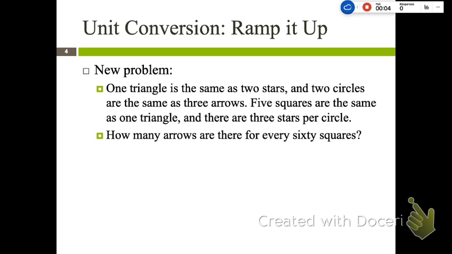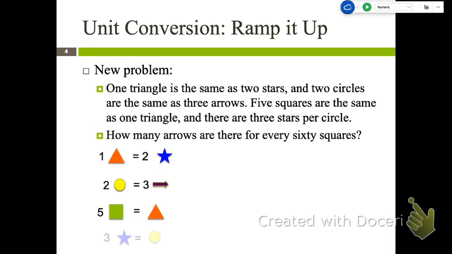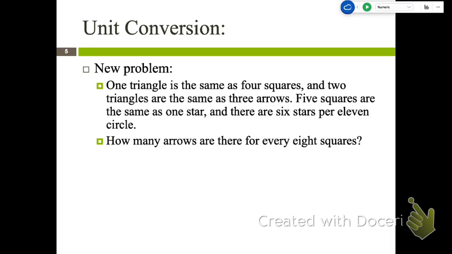I think this is in, wait. I lied. This is the same problem, right? This is the same problem. So here is a brand new problem. Remember, once you finish or get an answer, please submit that via the clickers.